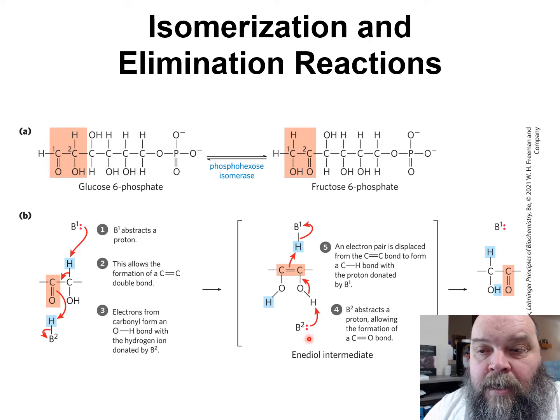Gets pulled away, and now you have an electrophilic attack to this hydroxyl, where it's going to strip that hydrogen away, allowing this oxygen, electrophilic attack on this carbon. So this intermediate results in this. The hydrogen of the hydroxyl for carbon 1 originally came from the B2 R group, which was part of an amino acid in the active site of this enzyme.